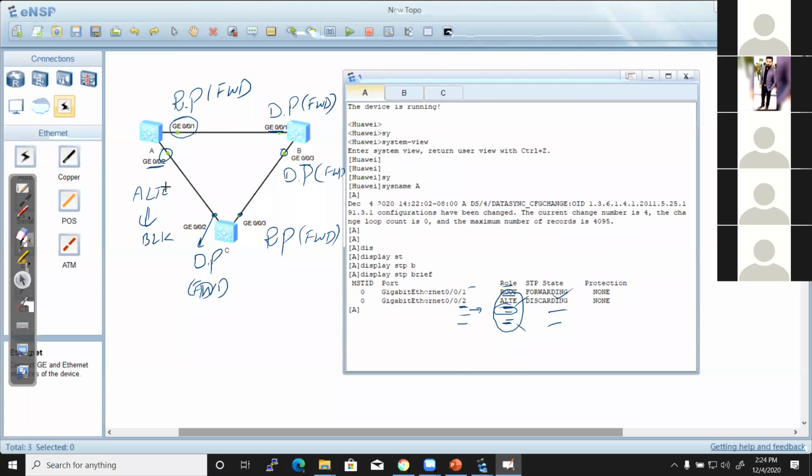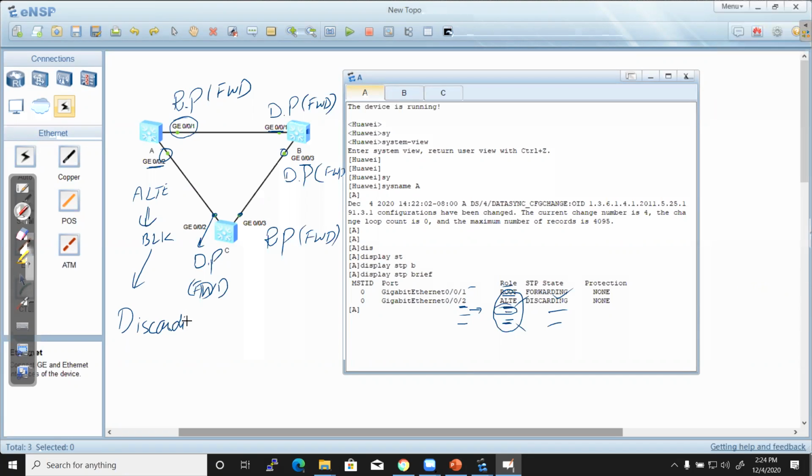This is the alternate port, and the block port is always in the discarding state. I'm still showing you the terminologies. We have discussed the designated port, the root port, and the block port, or you can say the alternate port. The state of every port is forwarding except the blocking state, which is always the discarding state.